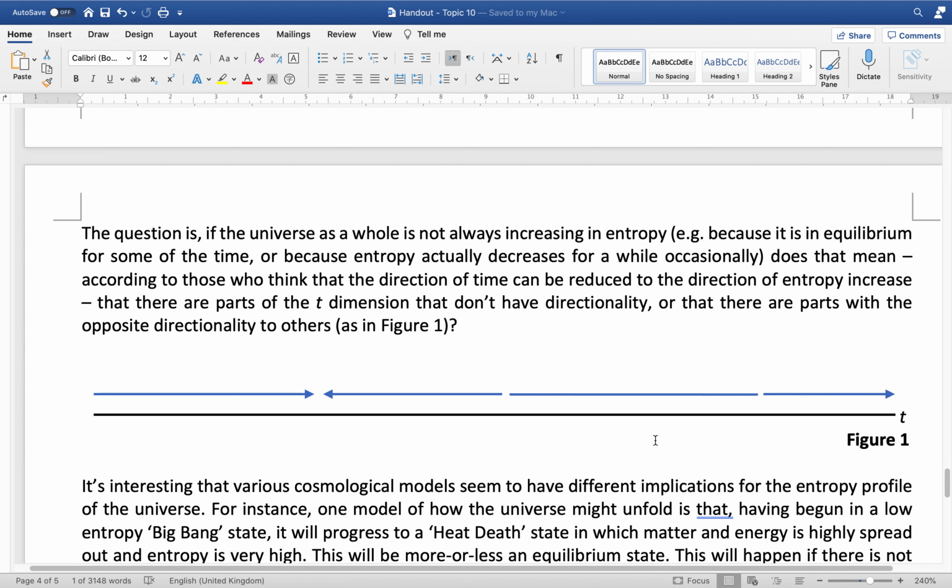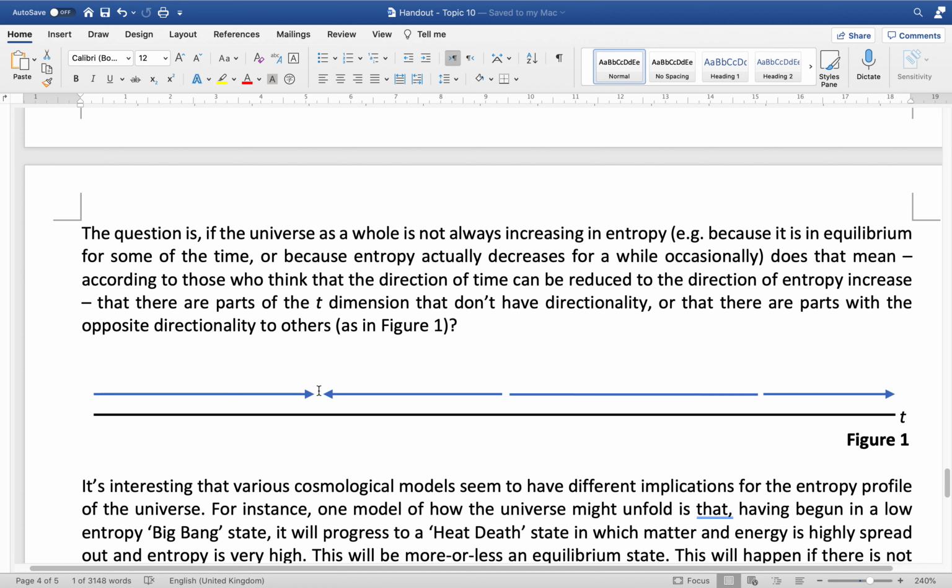We've got our t dimension. So maybe on the left-hand end, you've got the Big Bang. So entropy increases until the end of the first arrow. So you have an arrow of time corresponding to the arrow of entropy increase.